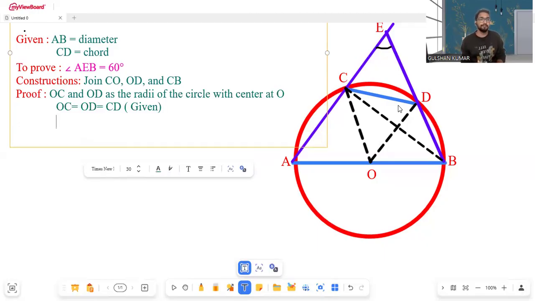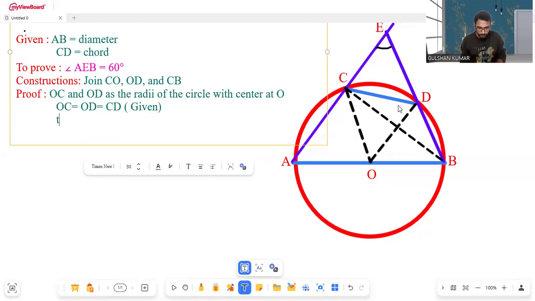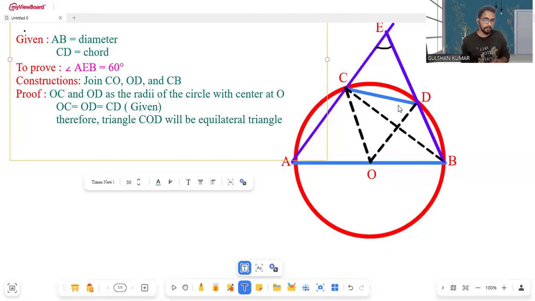Now, as we have OC equals OD equals CD, therefore this triangle COD will be an equilateral triangle. Now, this one is the equilateral triangle.